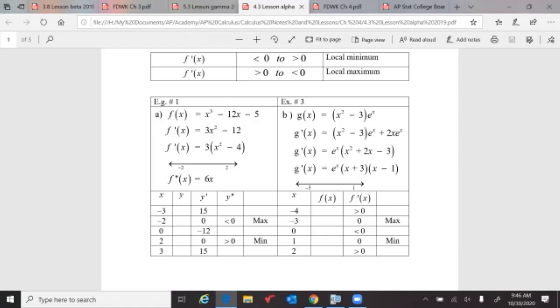So I know that negative 3 and 1 make the derivative 0. If I put negative 4 in there, e to the negative 4 is still going to be positive, a small number. x plus 3 at negative 4 is a negative, and x minus 1 at negative 4 is a negative. Positive times a negative times a negative is a positive. The derivative is positive.